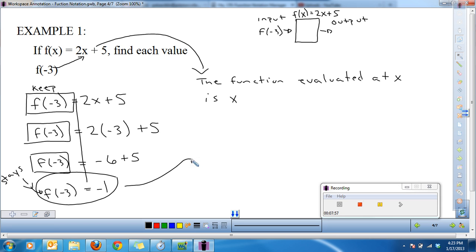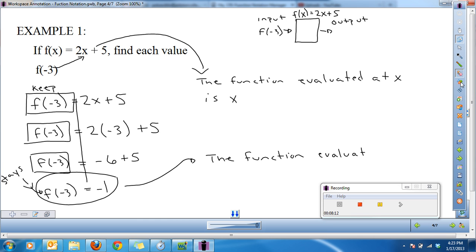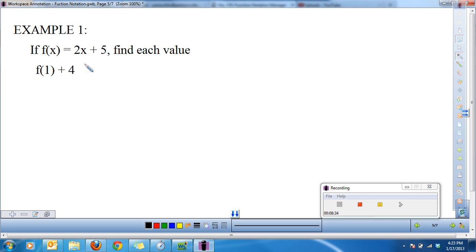What our answer is saying is the function evaluated at negative 3 is negative 1. So we're saying that when we put into our function negative 3, our input is negative 3, our output is negative 1.